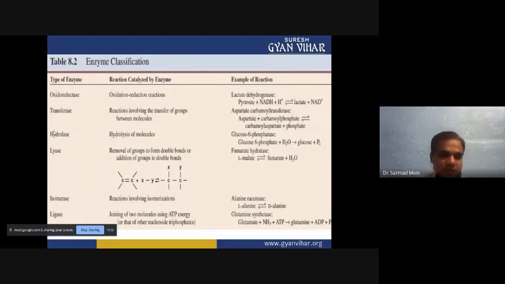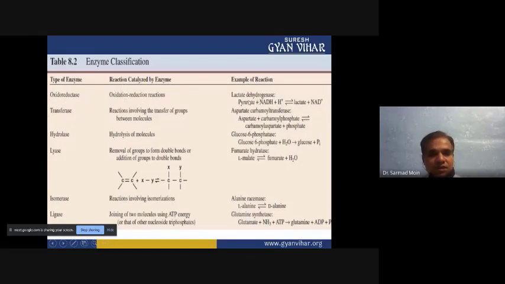Now enzymes. There is not just one or two types of enzymes. We know various enzyme families are there, and in those families many subgroups are there. So we will discuss all the very important enzymes for the metabolic and anabolic pathways. The oxidoreductase enzymes do oxidation and reduction reactions.